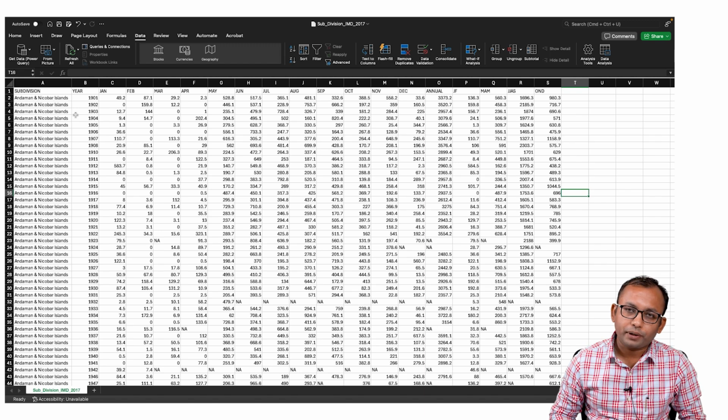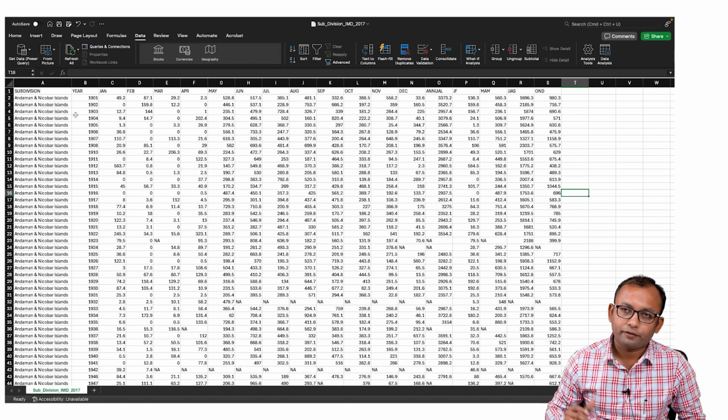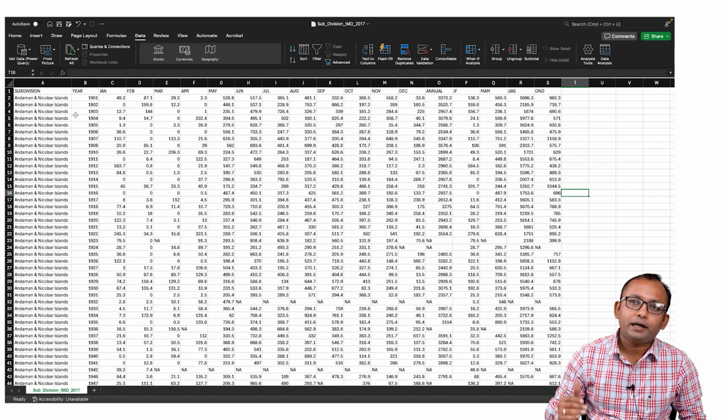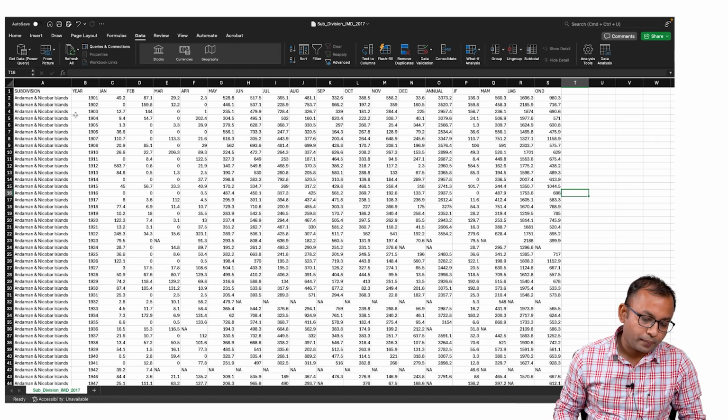We also gave brief details about how we can get the data from the data.gov.in website, and from there you can download the data in the form of Excel, and then that data can be used to get more detailed insight about the overall rainfall pattern across different months for different regions across India.